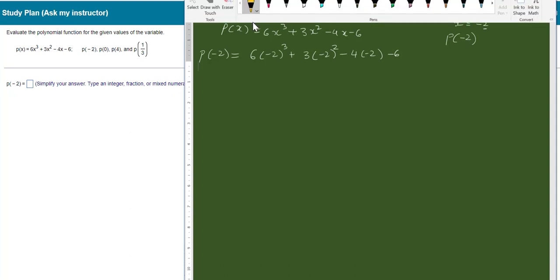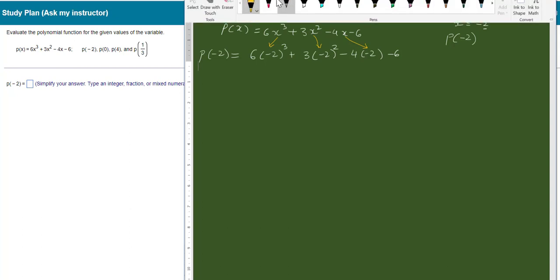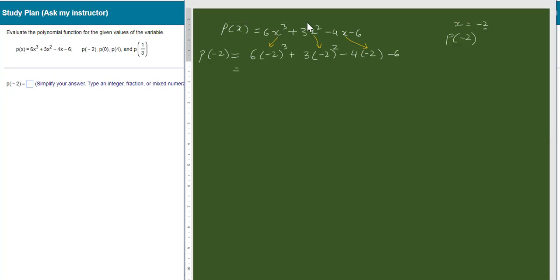Just use a different color. So wherever the x is, you substitute it with -2. Now here you can either use a calculator to do it quickly or do it mentally, however you want to do it. You can simplify or solve this question.